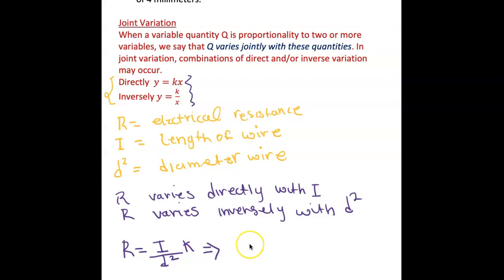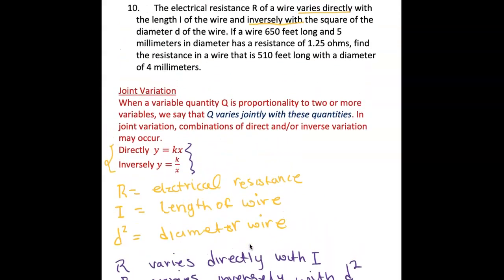Okay. If the wire was 650, let me use the little highlight thing because apparently I don't do very well with straight lines. So the wire is 650 feet long. So that's l. 5 millimeters in diameter.